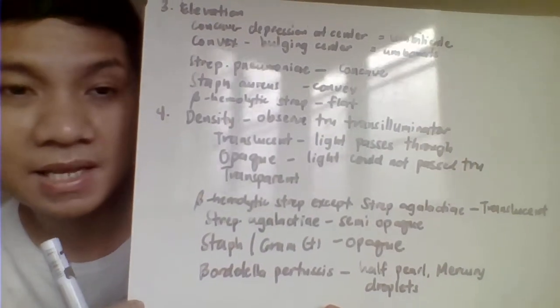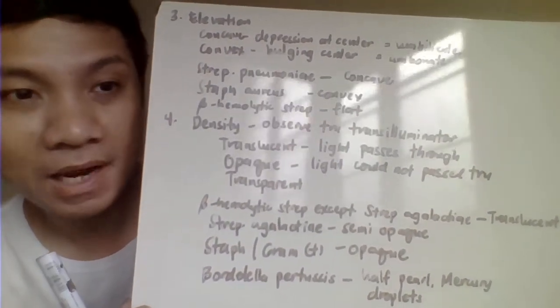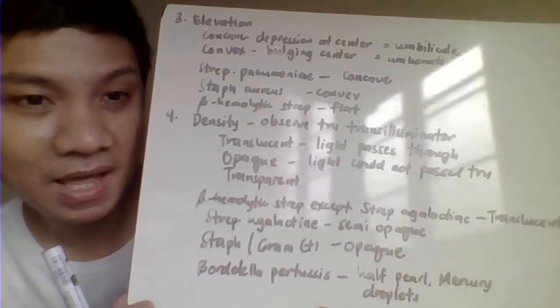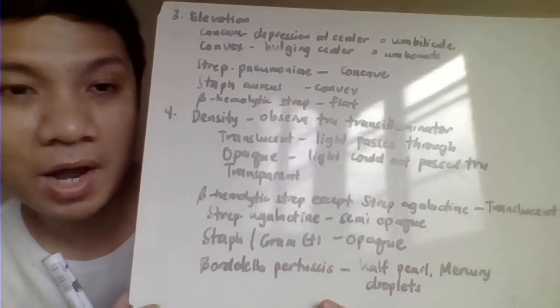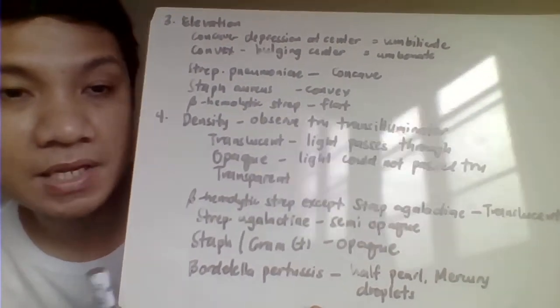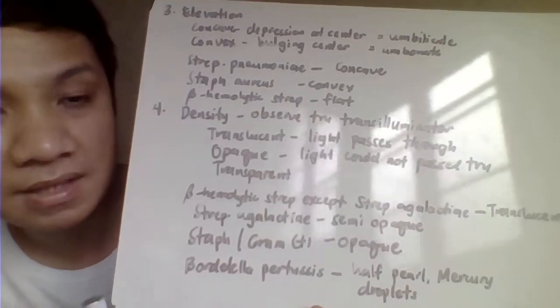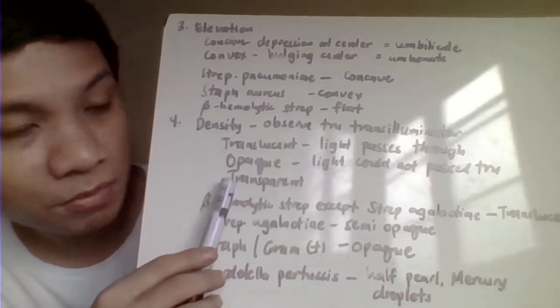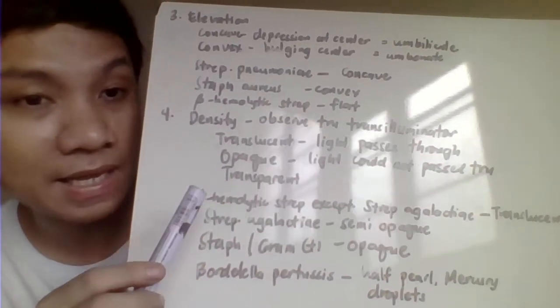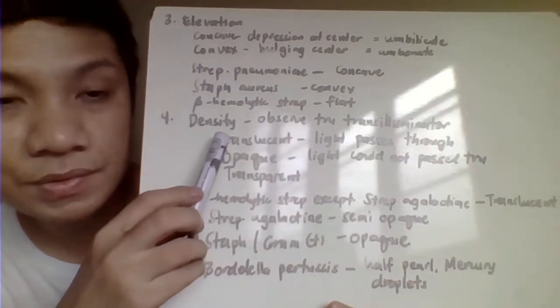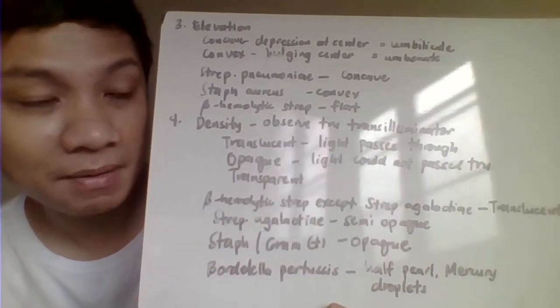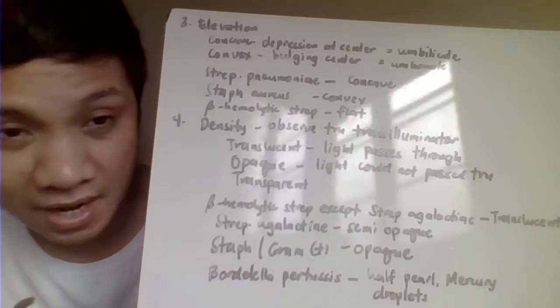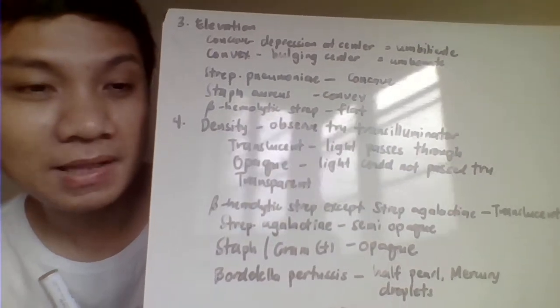Okay, density, or the cloudiness or thickness. This one is identified by using your trans-illuminator light. Reporting could be transparent, which means clear. Translucent is somewhat hazy, and it would still allow light to pass through.